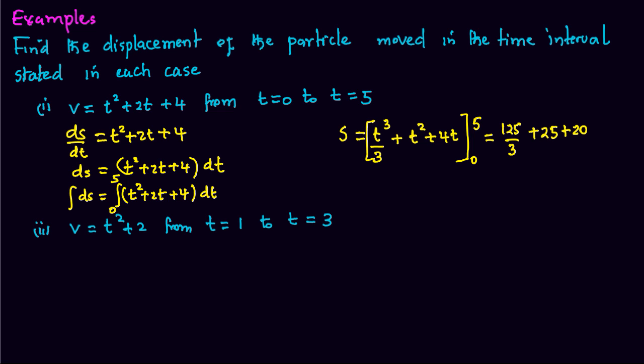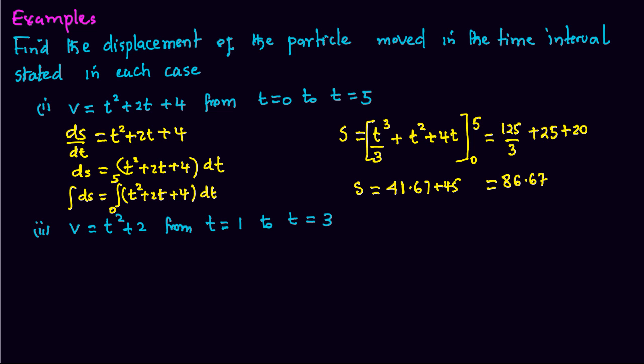So that s will be 41.67 plus 45, which is equal to 86.67. Whatever units will be the displacement that is required.